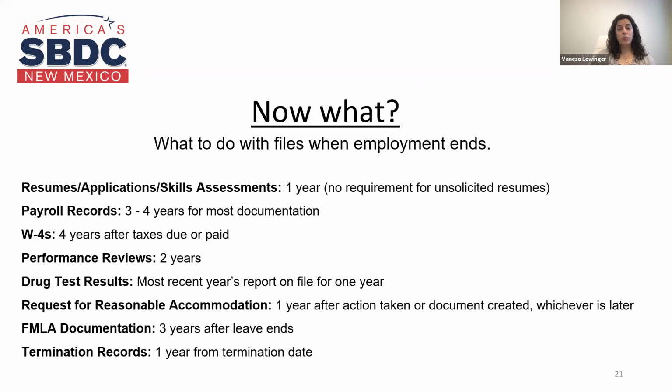So a good pro tip is to look at the documents that you commonly retain or that you commonly have for all of your employees and find the latest date. So for this example, we have the payroll documents. You need to retain those for 4 years. So then the 4-year mark is when we're going to destroy all of these documents.